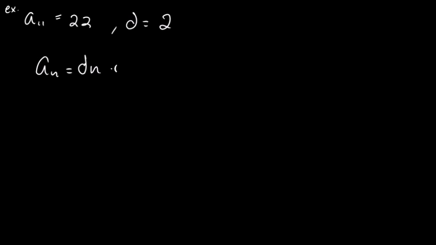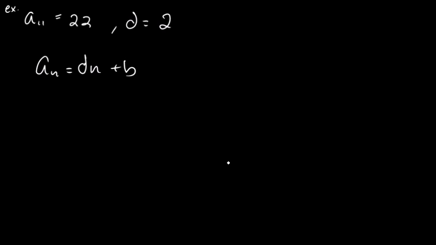This is example 2. a sub 11 is equal to 24, and your common difference, I don't even need to find it, they just give it to me, is 2. So into my formula, my y equals mx plus b, a sub n equals, this is my slope, all of these graphs should look like lines.